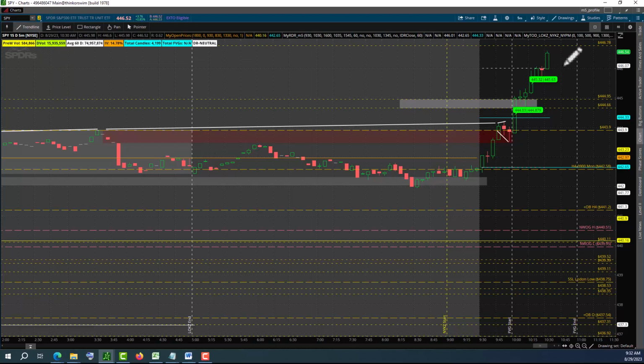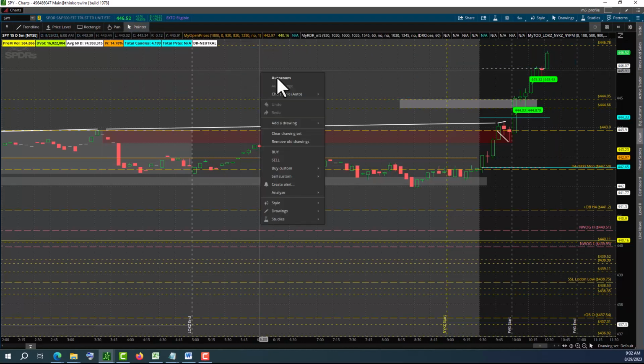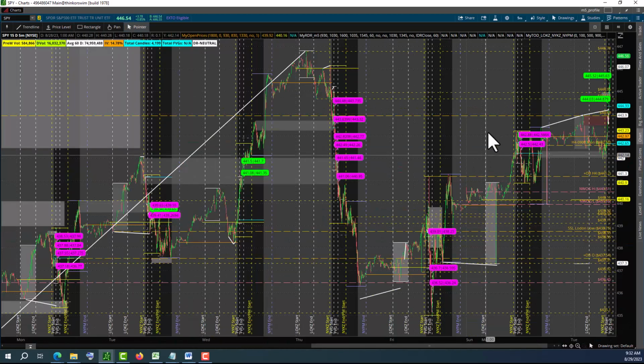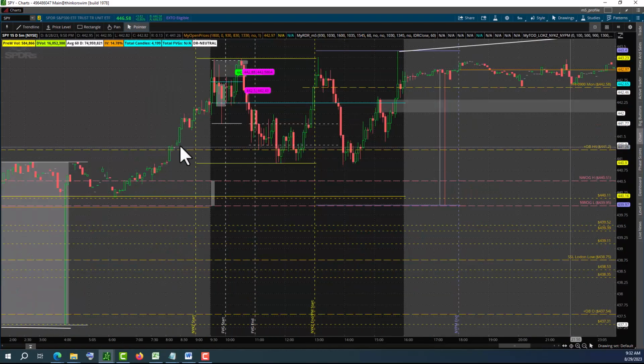Let's see what the range is right here for the DR model, $3.28. I think it's much bigger than yesterday. Yesterday, look at this, tiny.